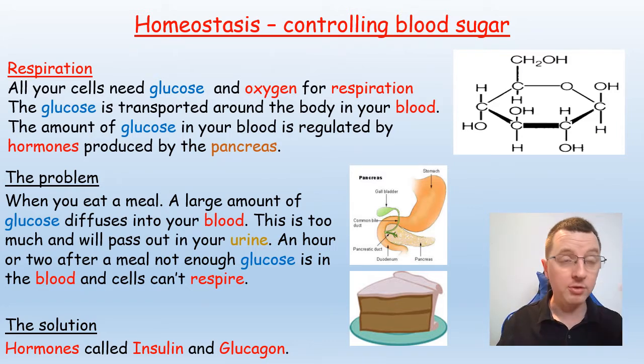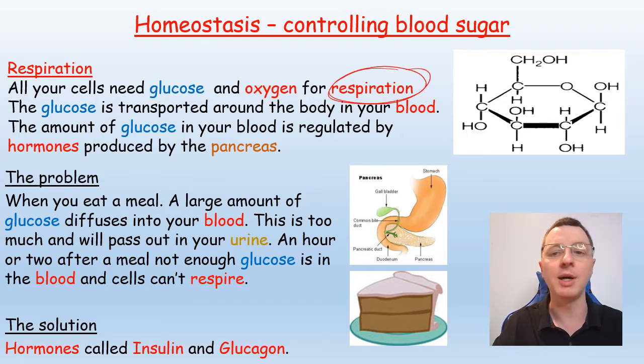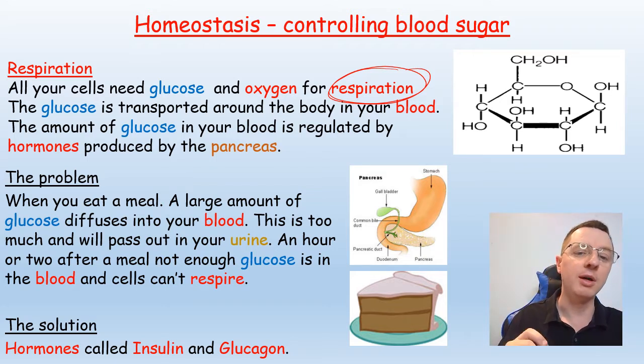So before we start thinking about blood glucose levels, let's just think, why does your body need glucose? Well, all your cells need glucose and oxygen for respiration, that chemical reaction that releases energy. The glucose is transported around your body in the blood, and the amount of glucose in your blood is regulated by hormones produced by the pancreas.